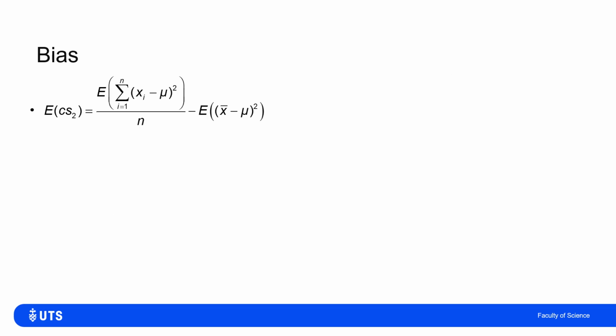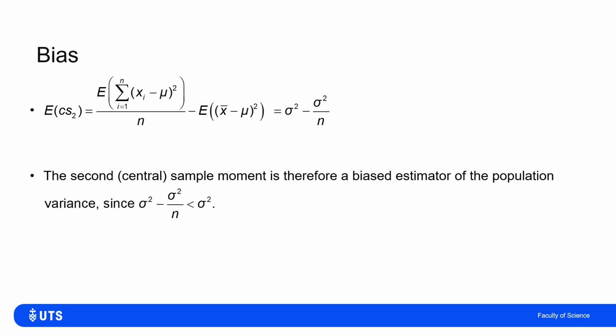then what we obtain, going fully through this, is that the expected value of the second central sample moment is not going to be sigma squared. My leading term is sigma squared, but I'm also subtracting away something which is sigma squared over n. In other words, the second central sample moment is going to give me a biased estimator of the population variance.